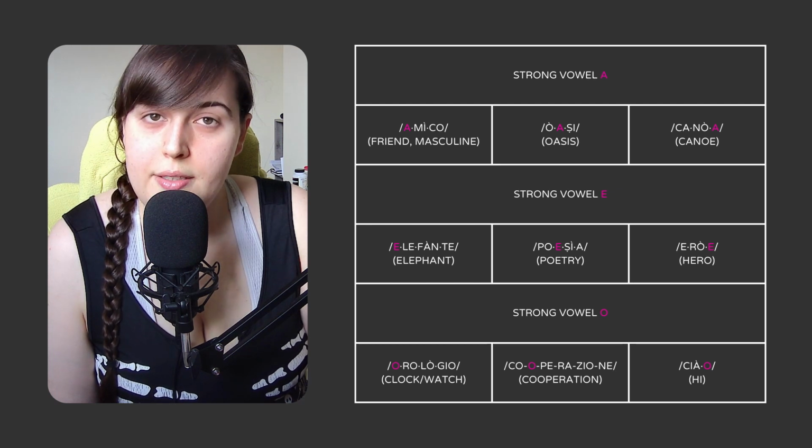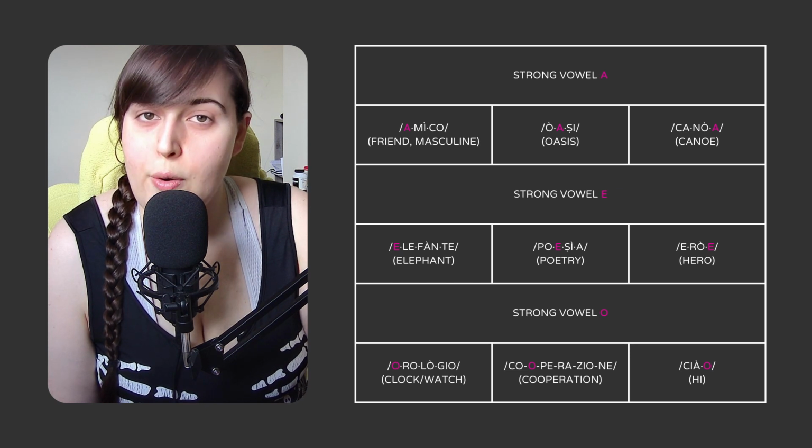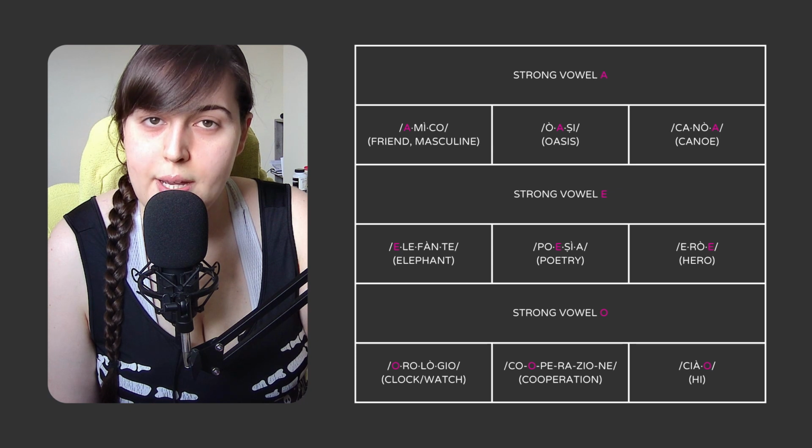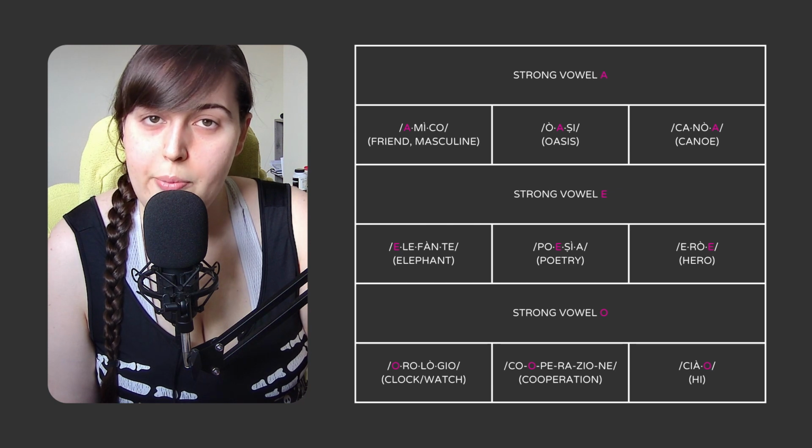ca-no-a. Then we can have E as a standalone syllable at the beginning of a word, for example, elefante, e-le-fan-te. In the middle of it, for example, poesia, po-e-zi-a, or at its end, for example, eroe, e-ro-e.